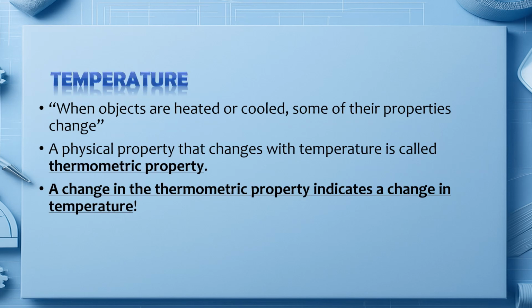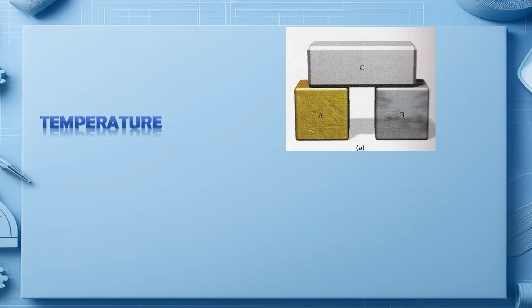Okay, so when objects are heated or cooled, some of their properties change. A thermometric property is a physical property that changes with temperature. A change in thermometric property indicates a change in temperature.